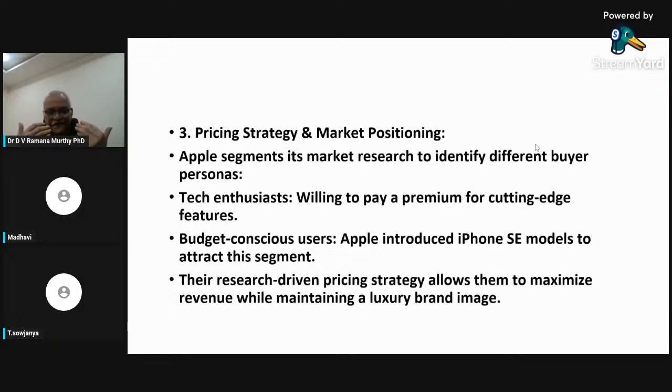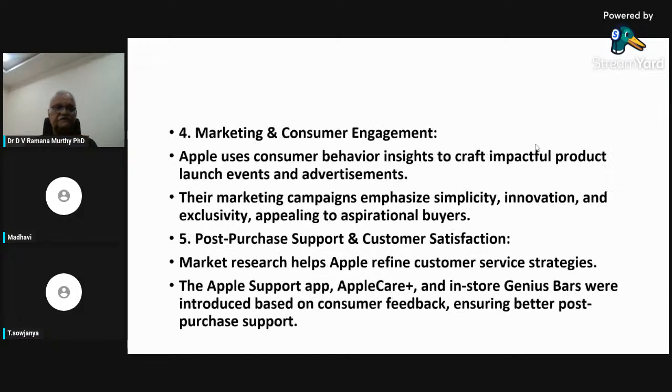And see, this kind of research driven pricing strategy, you can't fix a price just like that. The pricing strategy must also be research driven, to maximize revenue and to project the image of your iPhone as a luxury and brand image, very very important.